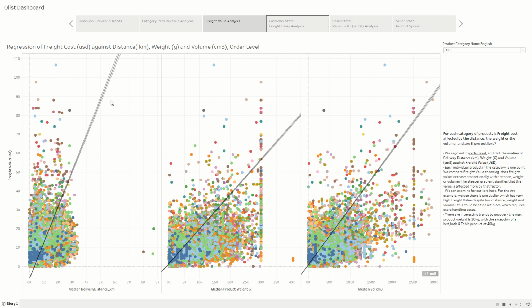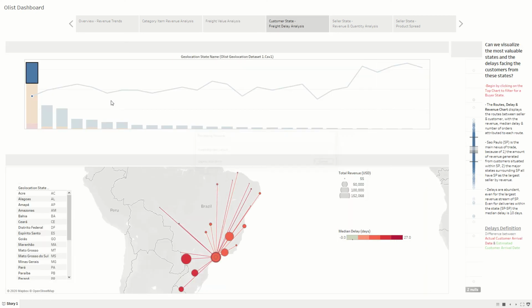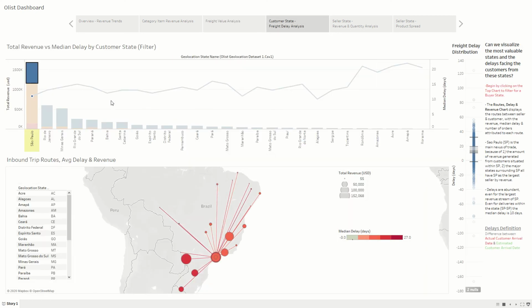So next, customer state freight delay analysis. For this, we take the origin state. No, sorry, the customer state as the nexus. This is where people have been ordering, where the customers are.